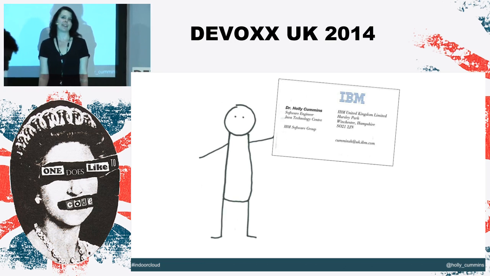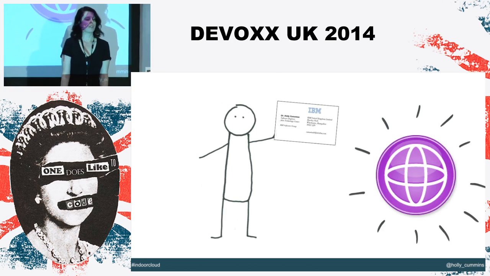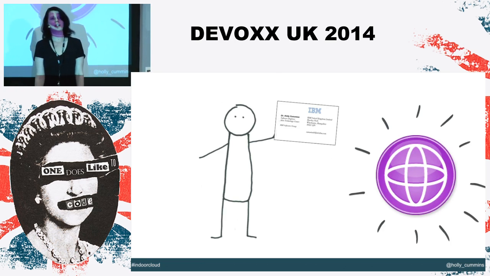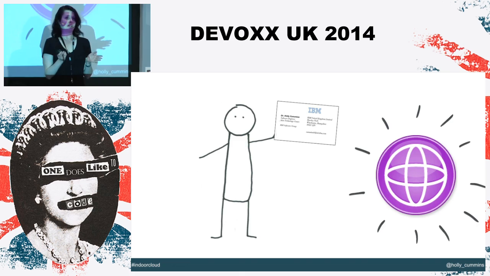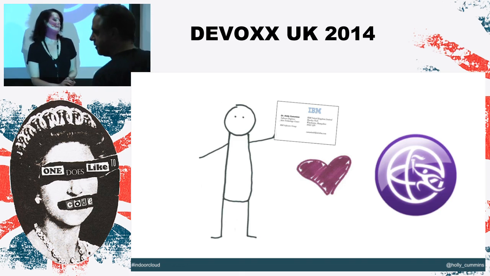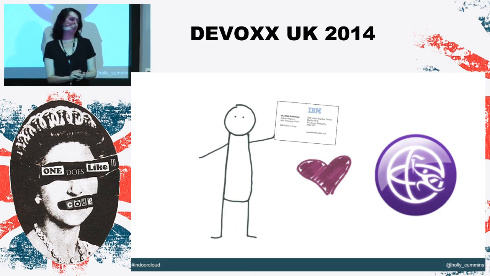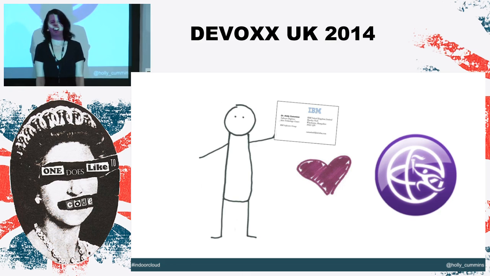But what I'm working on at the moment is WebSphere. And in particular, I'm a developer on the WebSphere Liberty profile. Have any of you used Liberty profile? One little hand. We've got an unofficial logo for Liberty, which is I Heart Liberty, because we really are very proud of what we've done.